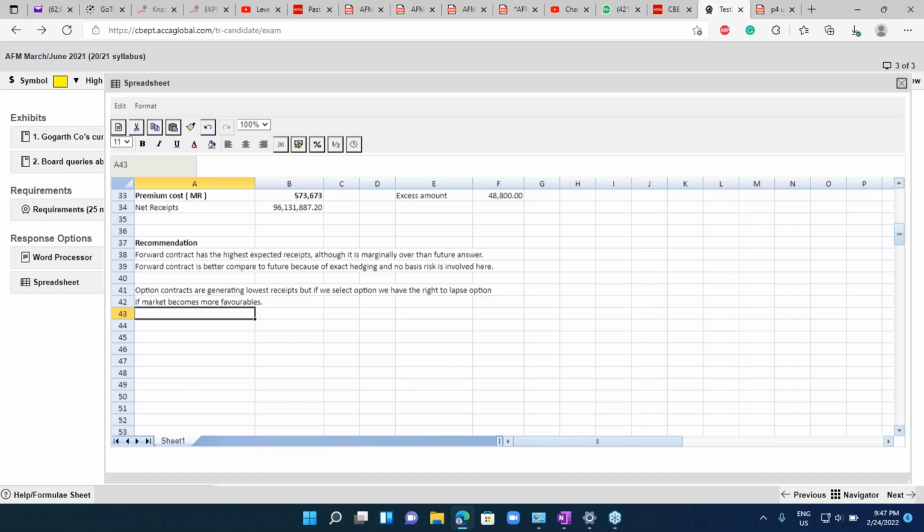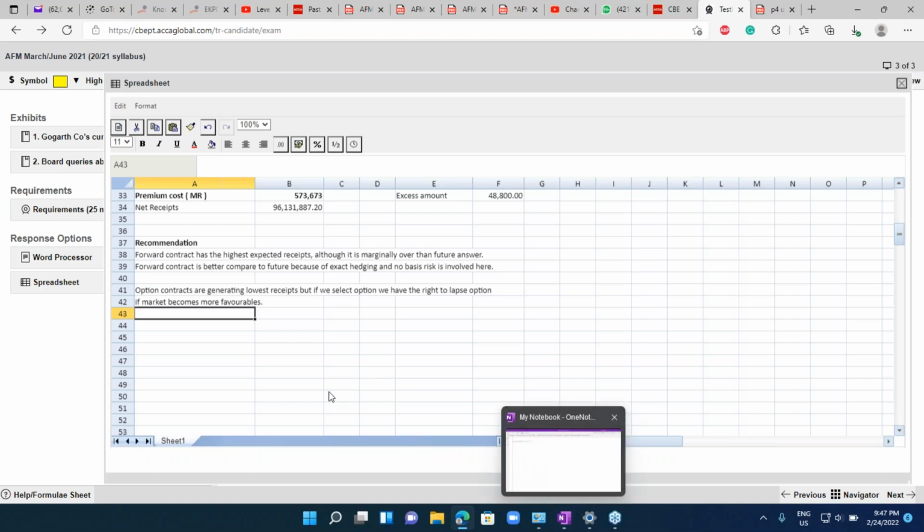So you will compare future and forward with the option, and at the end you will recommend the forward answer. You will recommend that derivative which generates the highest answer in case of receipt and the lowest answer in case of payment.